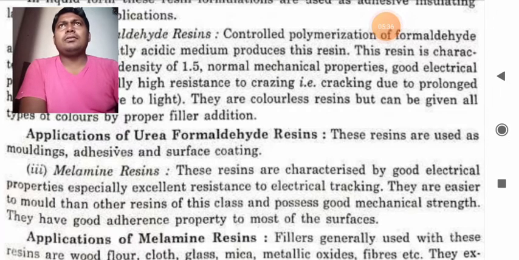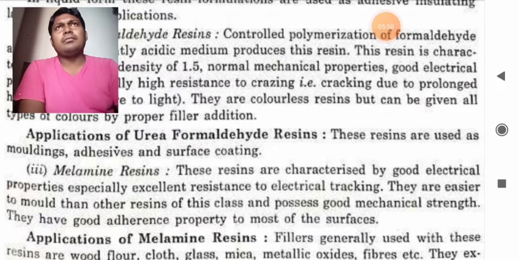Melamine resins. These are characterized by good electrical properties, especially excellent resistance to electrical tracking. They are easier to mold than other resins of this class and possess good mechanical strength.